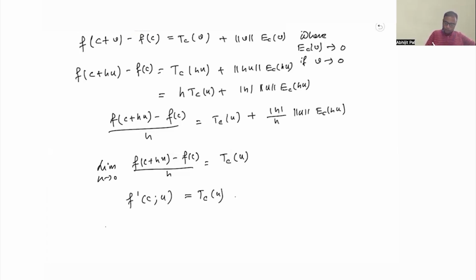Okay, so therefore this f prime c you can think of as a linear function from Rn to Rm.